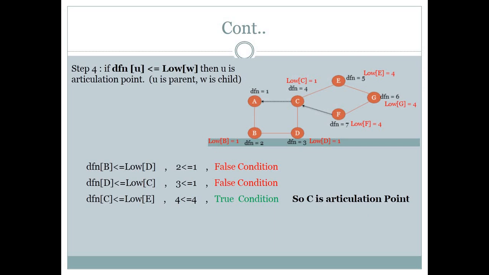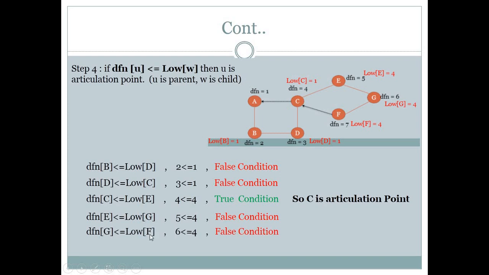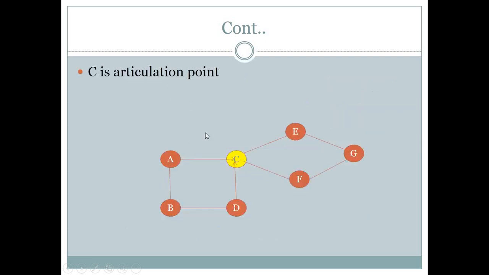For E and G, it becomes 5 less than or equal to 4, again false. For G and F, it becomes 6 less than or equal to 4, again false. So from all the vertices we have found that C is the articulation point in the given graph.